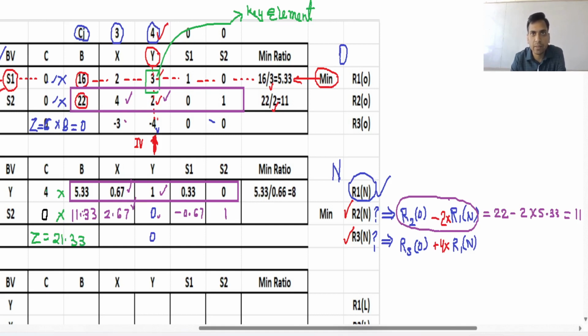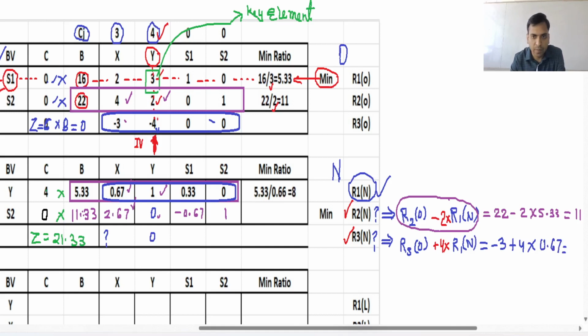Now we will calculate the remaining blocks using the relationship. To find these, we will use the R3 old row, and the corresponding R2 new block value. For the first location, the respective old is minus 3, so minus 3 plus 4 into the corresponding new, 0.67.